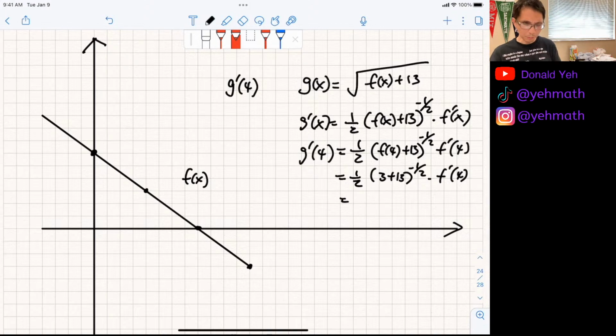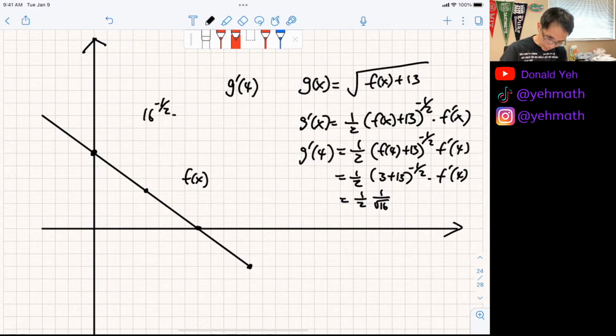Well, what is 3 plus 13 to the negative 1/2? 1 over 16. No. Almost though. 1 over square root of 16, good. Because 16 to the negative 1/2 is equal to 1 over square root of 16.